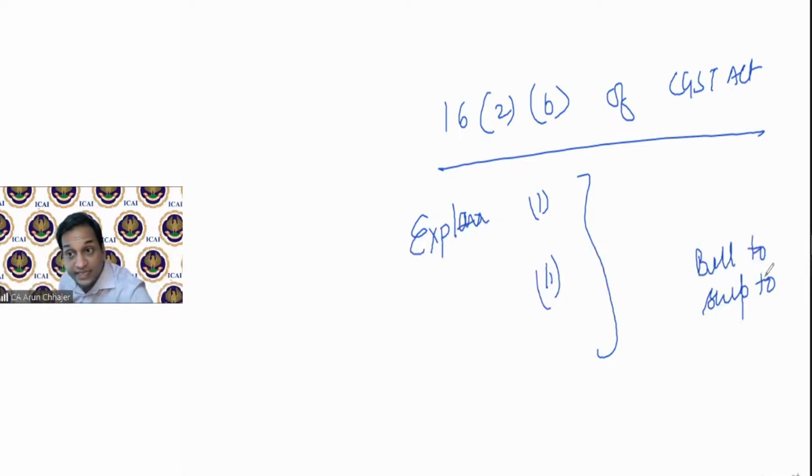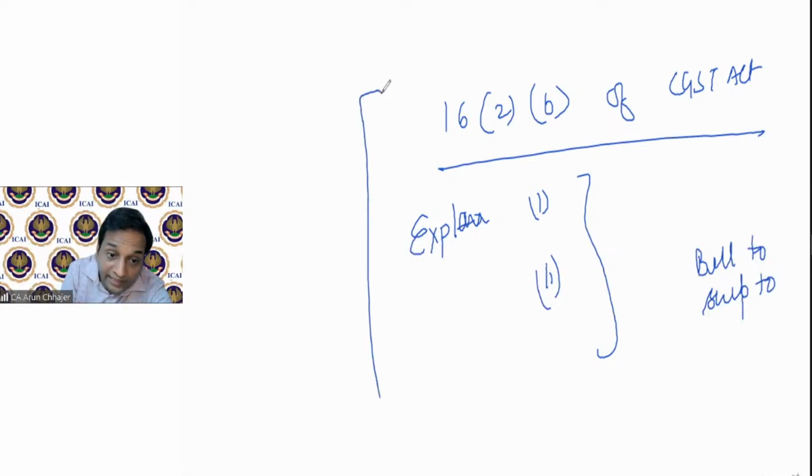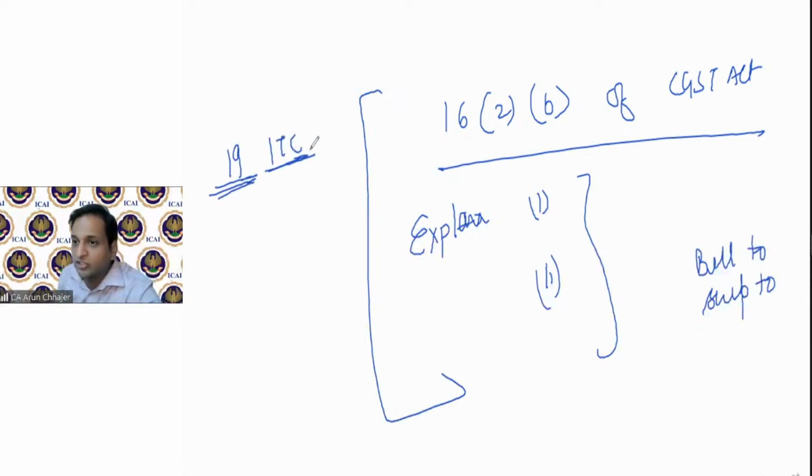But this case is covered in section 19, ITC in case of a job worker. There is a specific provision for job worker with respect to ITC. So you can talk about section 19 here, because it is not the bill to ship to model.